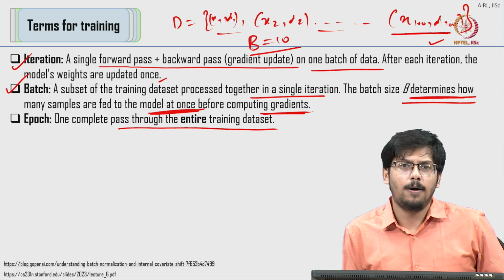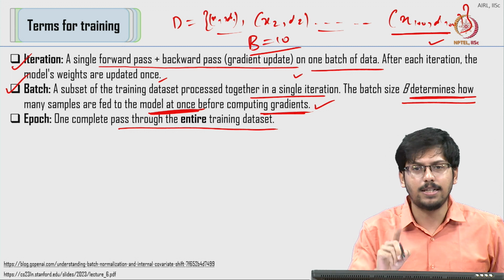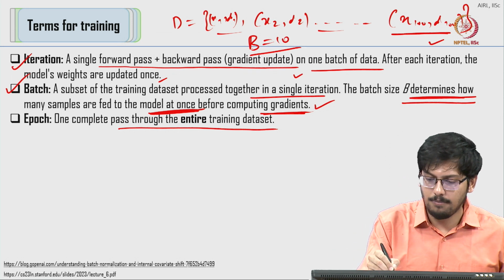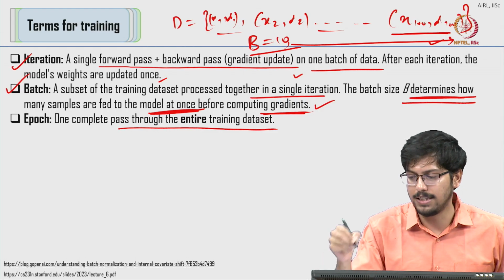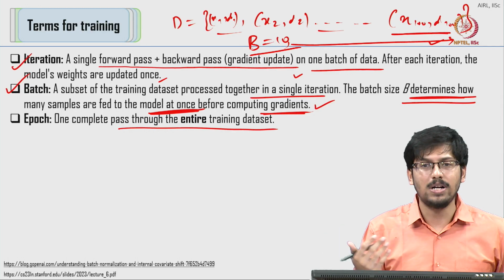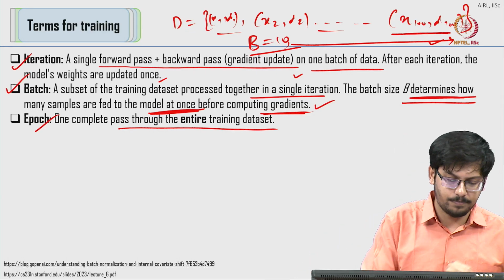So let's assume I have this batch size and I pass it for one iteration. Now I have to keep doing it again and again so that my samples, which started from 10, actually go over the whole data set. So it passes through 100 samples, the entire training set. Once I pass through those iterations, I get one epoch.